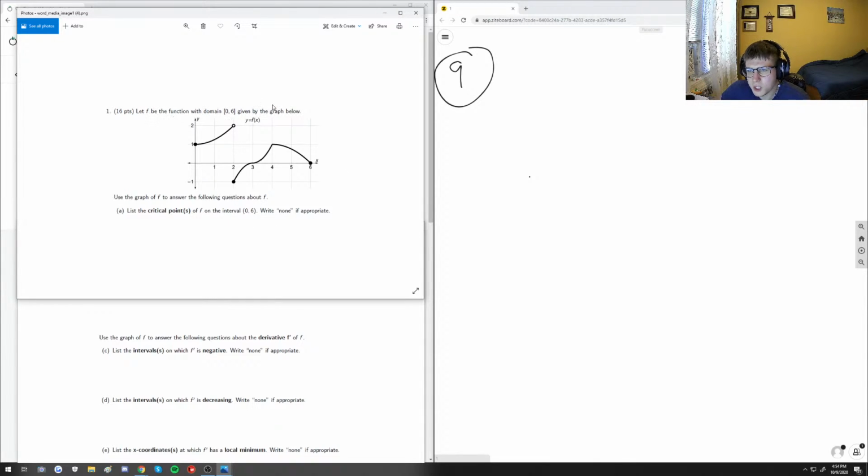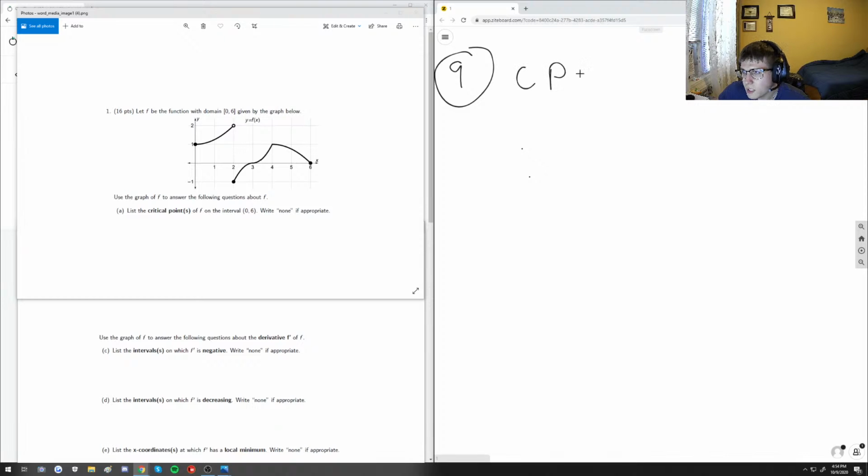Let f be the function with domain [0, 6], given by the graph below. List the critical points of f on the interval. Write none if appropriate. Basically, the critical points of this graph would be where we want to see where we have a maximum, or not necessarily a maximum, but where our derivative at that point is... So hold on.